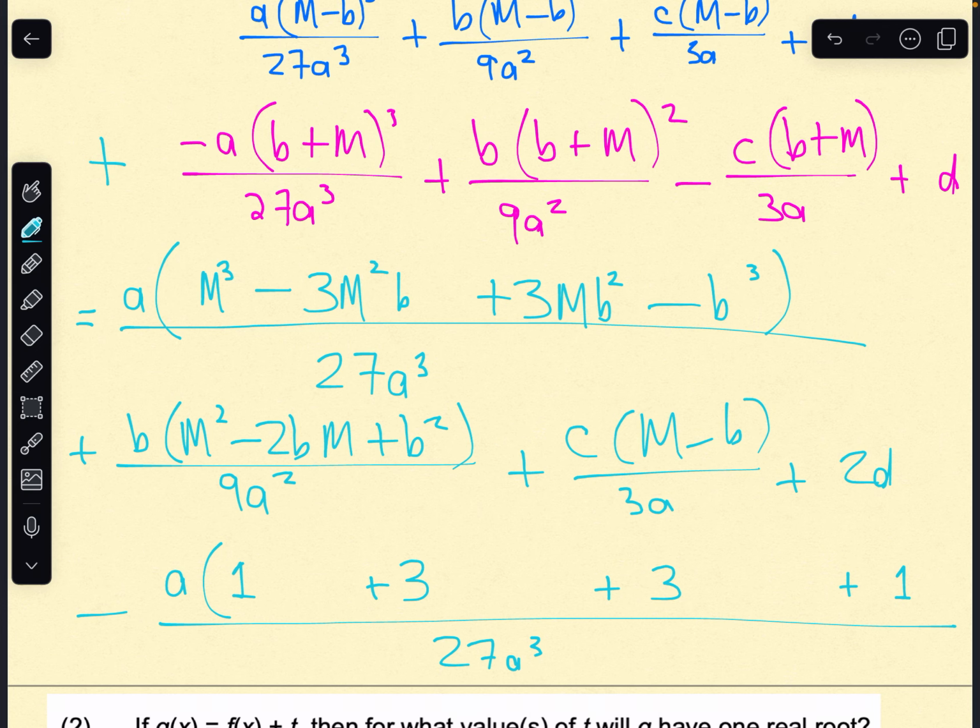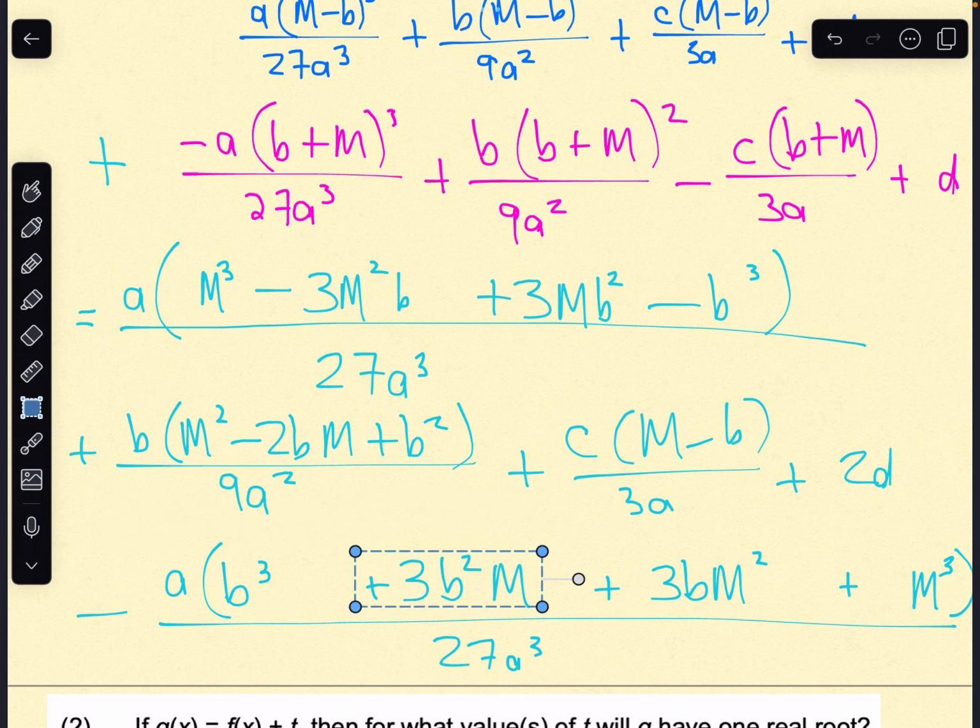So this is going to be b cubed, b squared, b to the 1, no m, and then m to the 1, m to the 2, and then m to the 3. Now I can just get rid of the unnecessary stuff there, just move everything closer to each other.